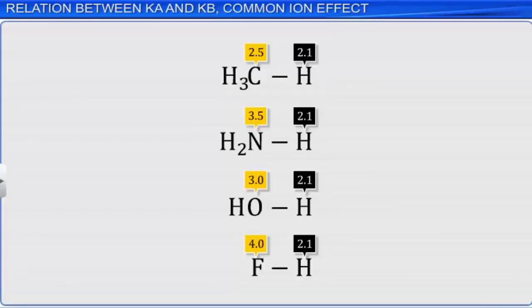With an increase in the electronegativity of the atom directly attached to hydrogen, the charge separation between the atoms increases. This results in a weakening of the HA bond and an increase in acidity.